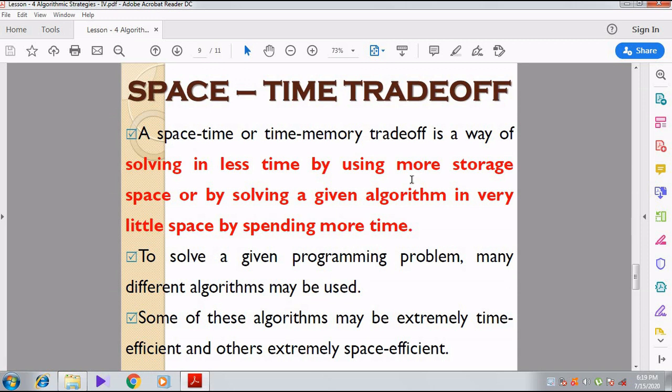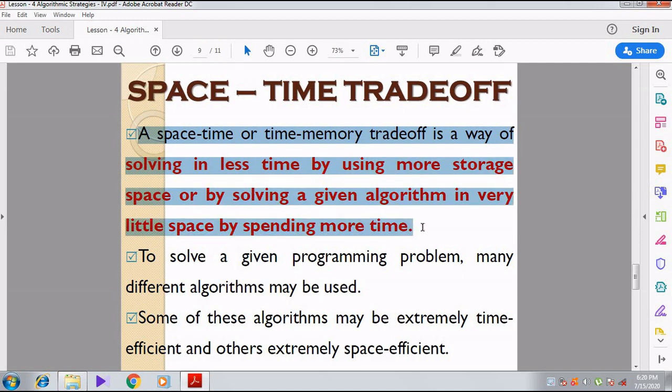Space-time trade-off. So what is meant by space-time trade-off? This technique is a way of solving in less time by using more storage space, or by solving a given algorithm in very little space by spending more time.